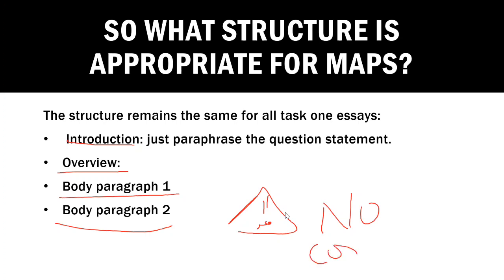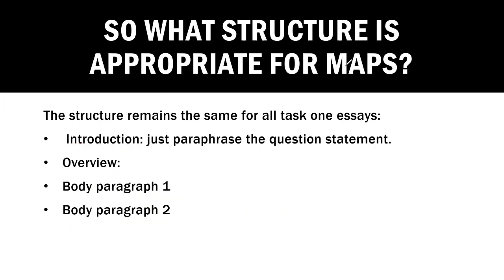Be careful of that. There's no conclusion in academic writing task 1. So you only have your introduction, overview, body paragraph 1, body paragraph 2. This structure seems to be sacrosanct and it applies to every question type. It's just what you put in there that matters.